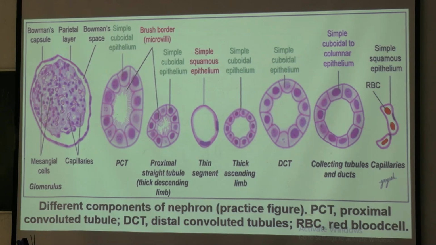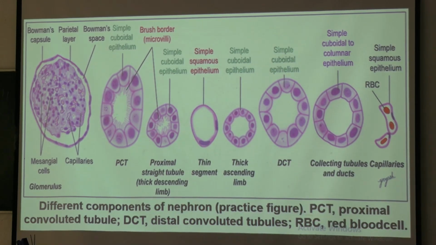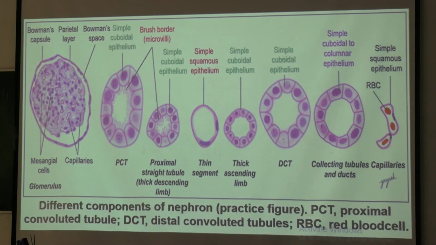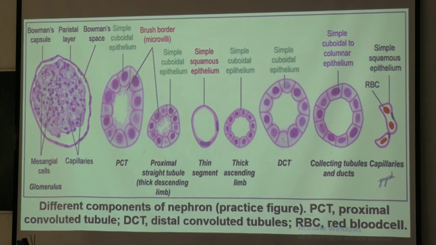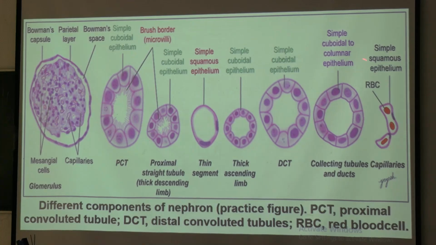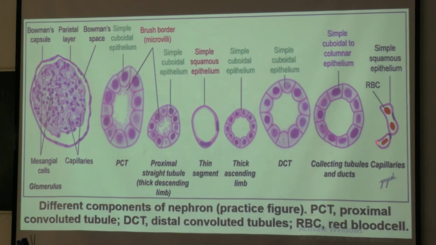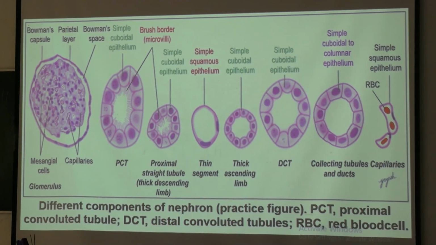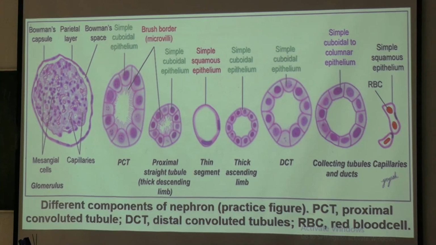Many of the collecting tubules are joined to form the collecting ducts, and the collecting ducts drain into the papilla. Okay, and these are the capillaries, sections of capillaries lined by simple squamous epithelium. So all these epithelia you will see in a section of the kidney.